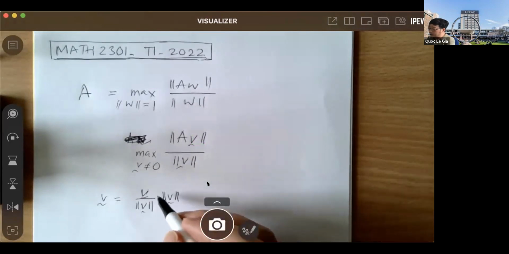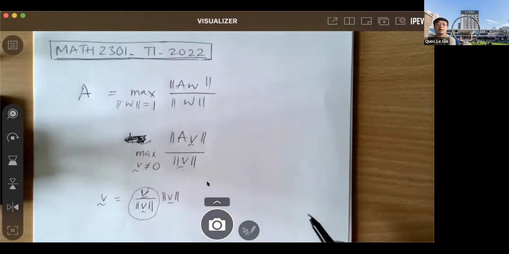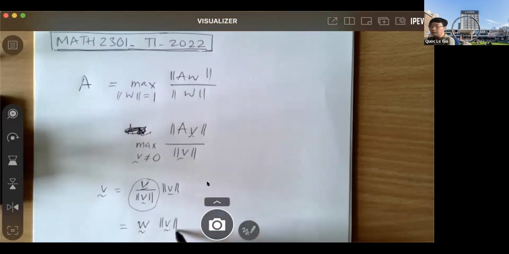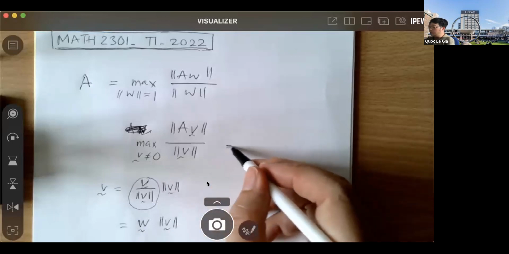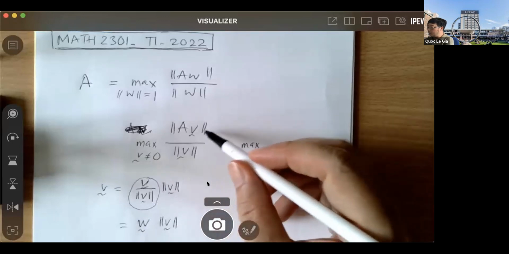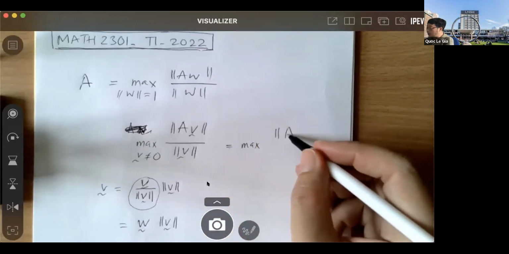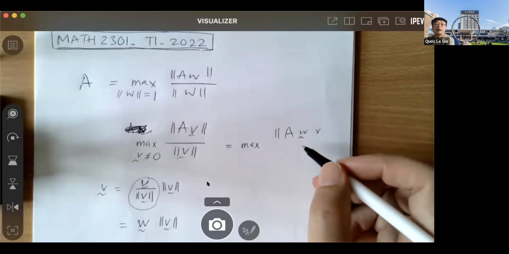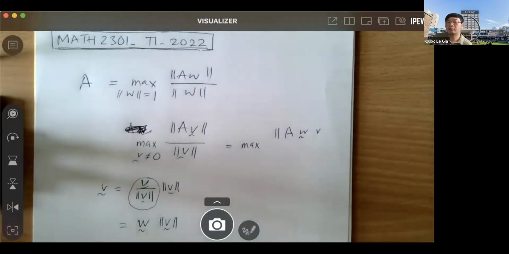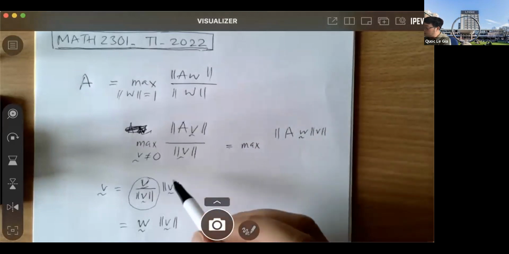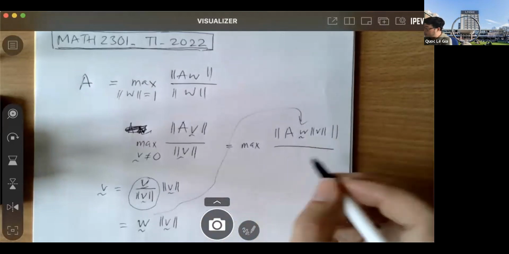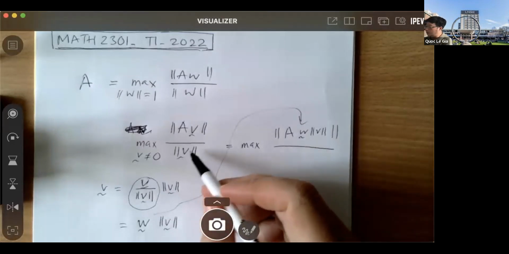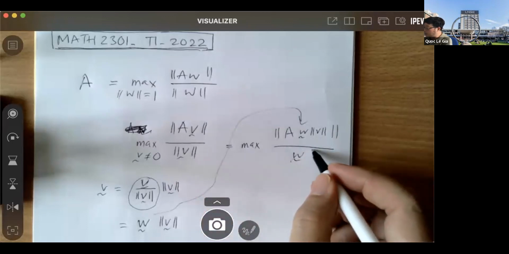And then I label this V over the norm of V to be W. So V is labeled as W multiplied by the length of V. Now I can write the max of, instead of AV, AW multiplied by the norm of V, and divided by the norm of V, so I write W and V inside.